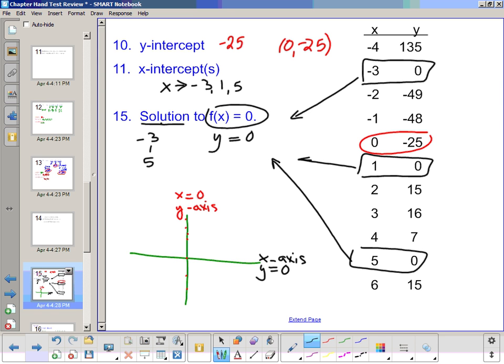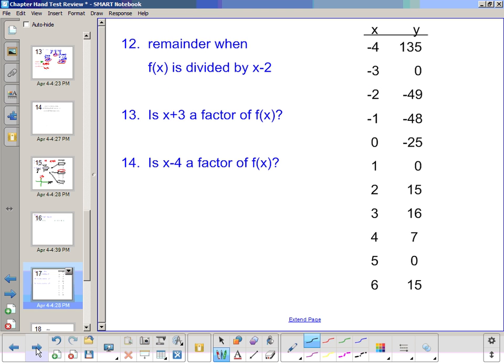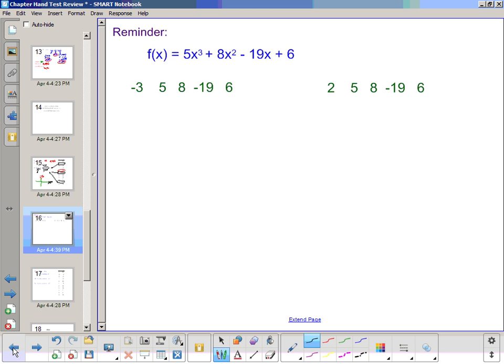Now, before we do problems 12, 13, and 14, what I'd like to do, and this is not on your review sheet, is look at one example here. We're not proving anything, but we're just noticing what's happening. And I've just made up a function here, f of x.